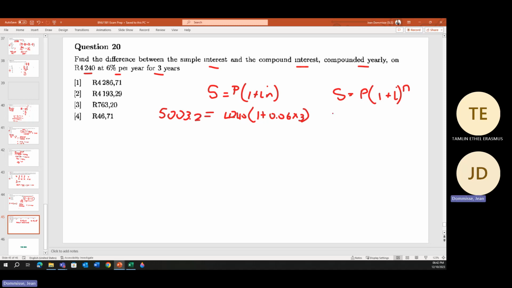And on this side, 4240, 1 plus 0.06 to the power of 3. Okay, so we'll do that a bit different. 1 plus 0.06 is equal to 1.06. That to the power of 3 is equal to 1.191.